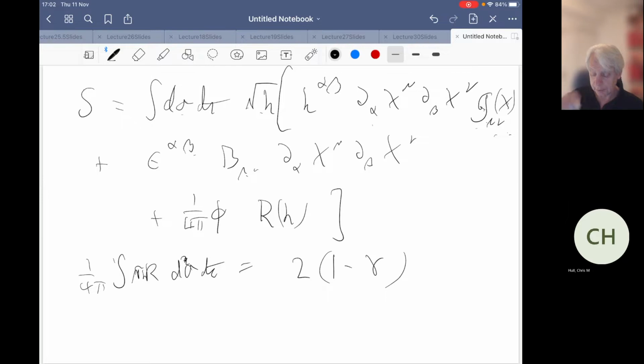Here I'm thinking of having gone to a Euclidean signature on the worldsheet, so h is a positive definite metric. So tau is the Euclidean time, and the integral of the curvature turns out, rather remarkably, to be a topological quantity, and it gives precisely 1 minus the genus times 2.